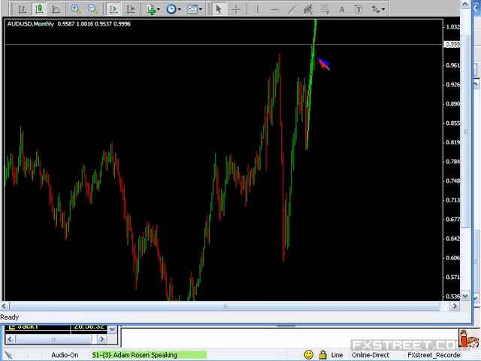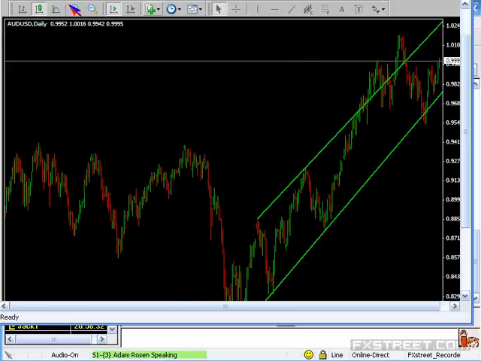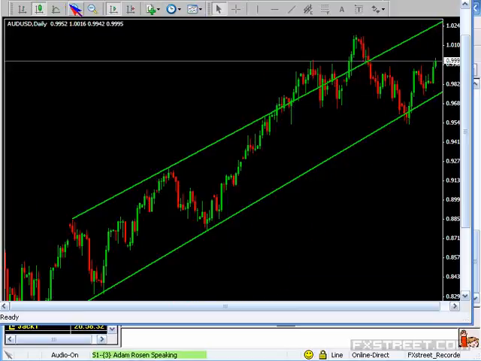That parity is when 1 Aussie equals $1 exactly. My charts go back to 1989. That's the highest highs we've ever seen on the Aussie dollar, at least in the past 30 years. That's pretty significant. When a stock or foreign exchange currency pair makes a new high for the month or the year, that's big. When we make new 30-year highs or all-time highs, that's huge.